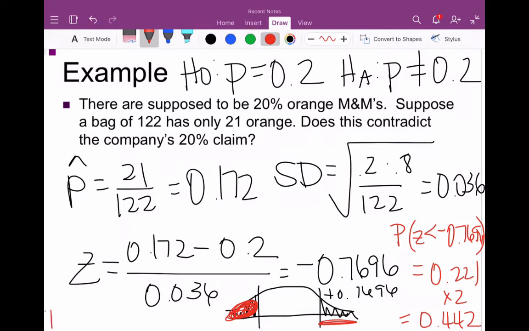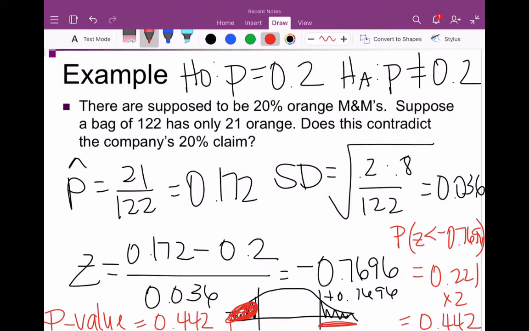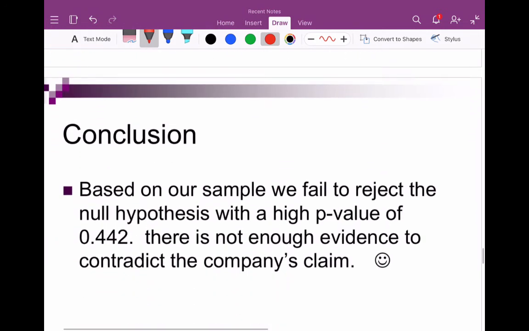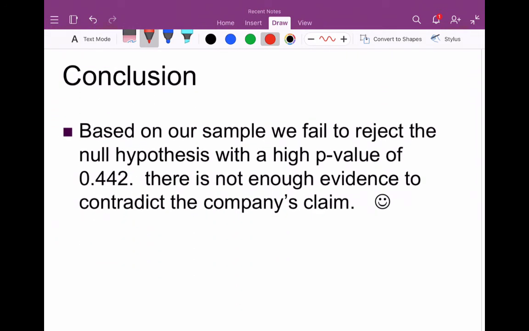This means that my p-value is equal to 0.442, or 44.2%. Now this is a really high p-value. So then when I write my conclusion, I will fail to reject my null hypothesis. So then my conclusion is written as, based on our sample, we failed to reject the null hypothesis with a high p-value of 0.442. There is not enough evidence to contradict the company's claim.